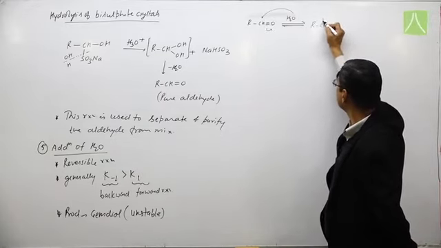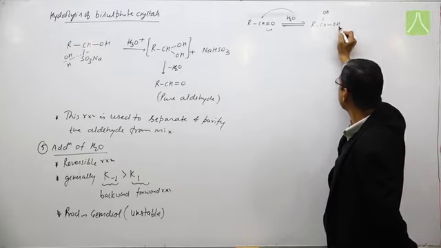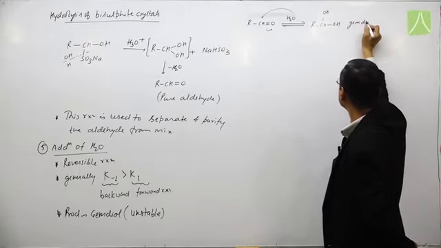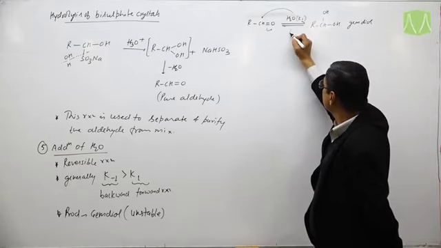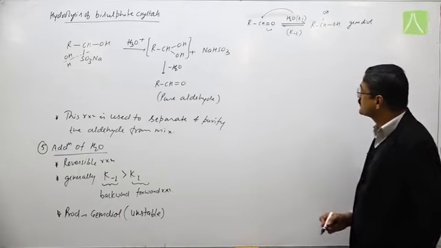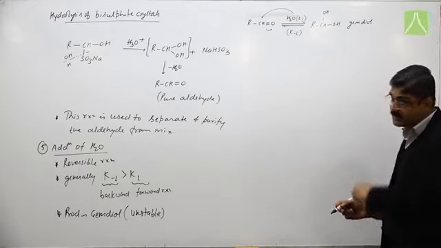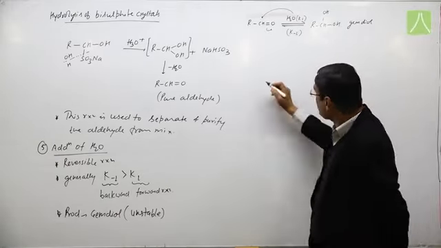So RCH(OH)OH. This is the same gem diol. This is K1 and the backward is K-1. So generally K-1 is faster than K1.